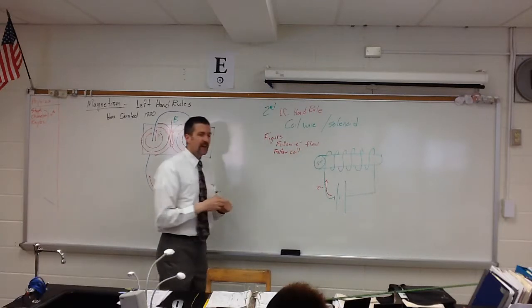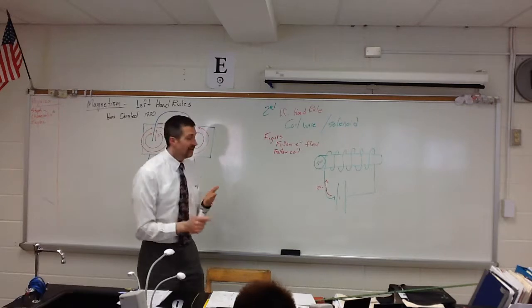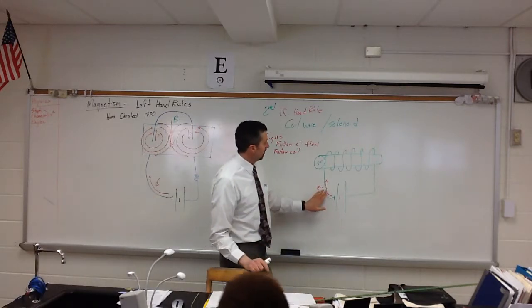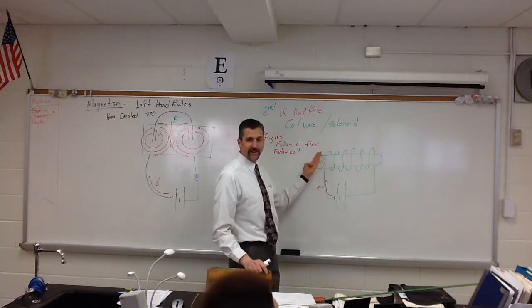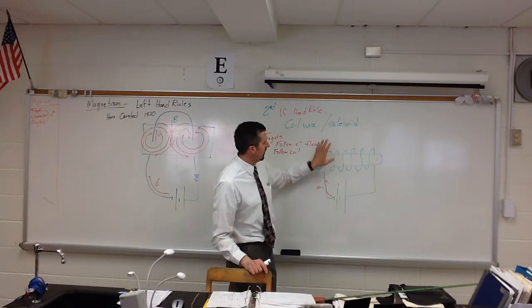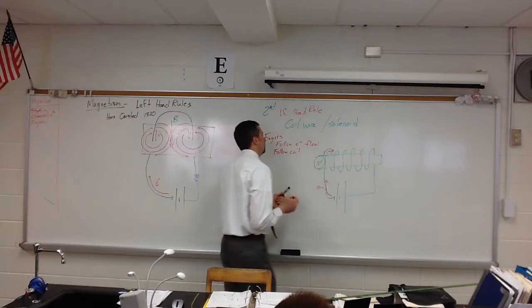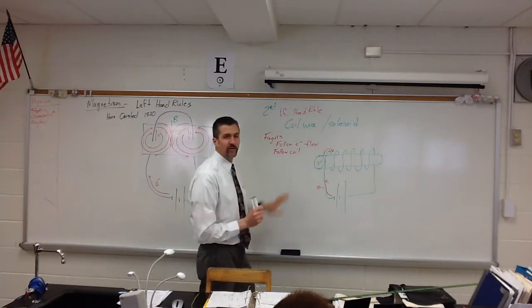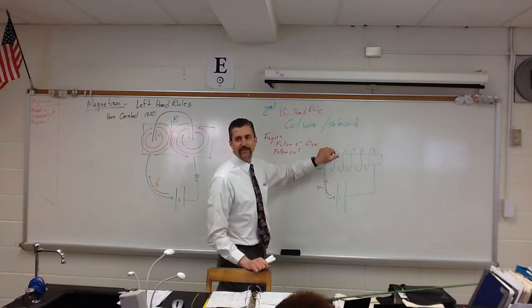Now again, I know some of you can probably wrap your hand backwards around a piece of metal, but I can't. And so what I want you to do is imagine that once you get to here, you got to decide which way to turn your hand, because your hand could be either way. But you're going to turn your hand this way because see how you want to wrap your fingers around? You're trying to follow the electron flow, and the electron flow goes behind the piece of metal, so you're just going to wrap your fingers around.